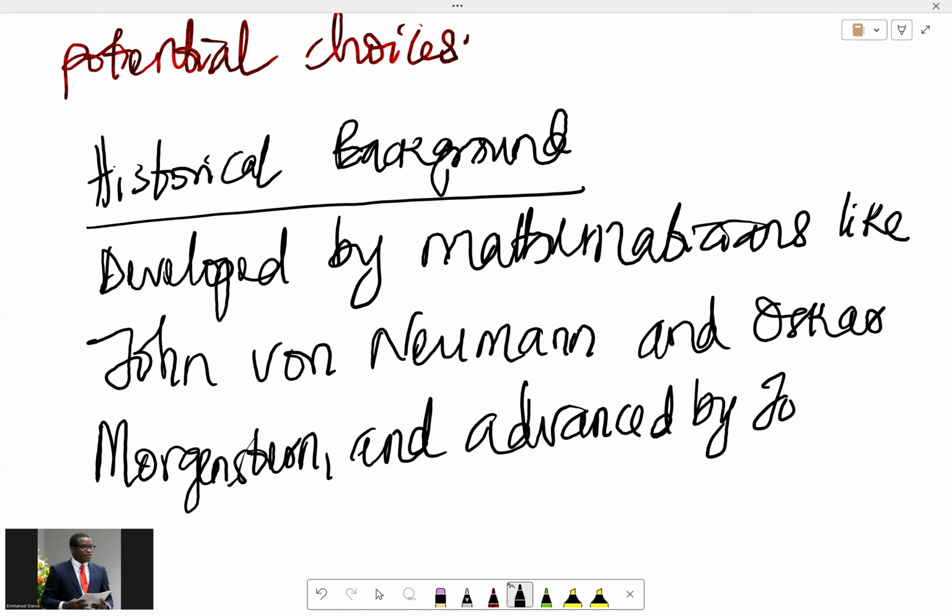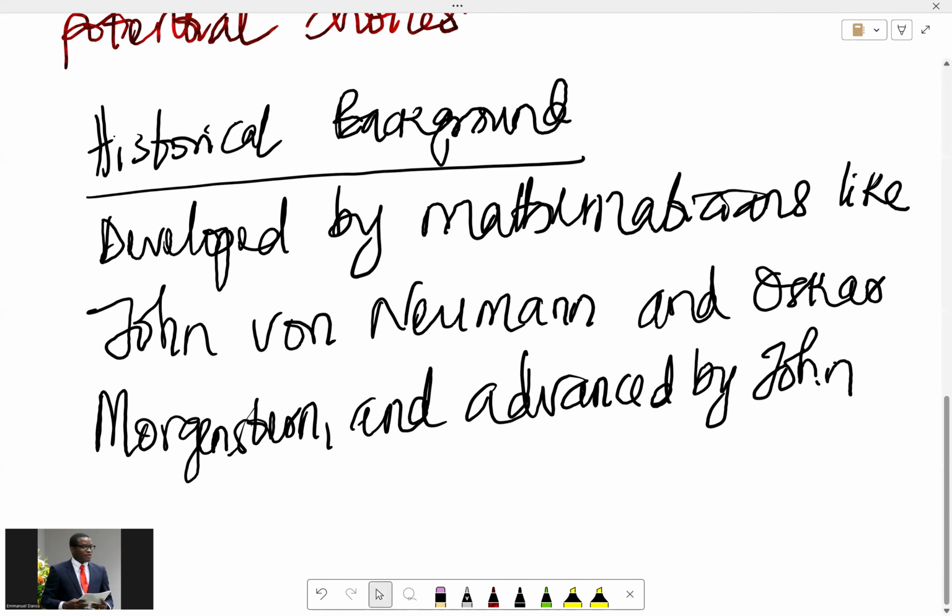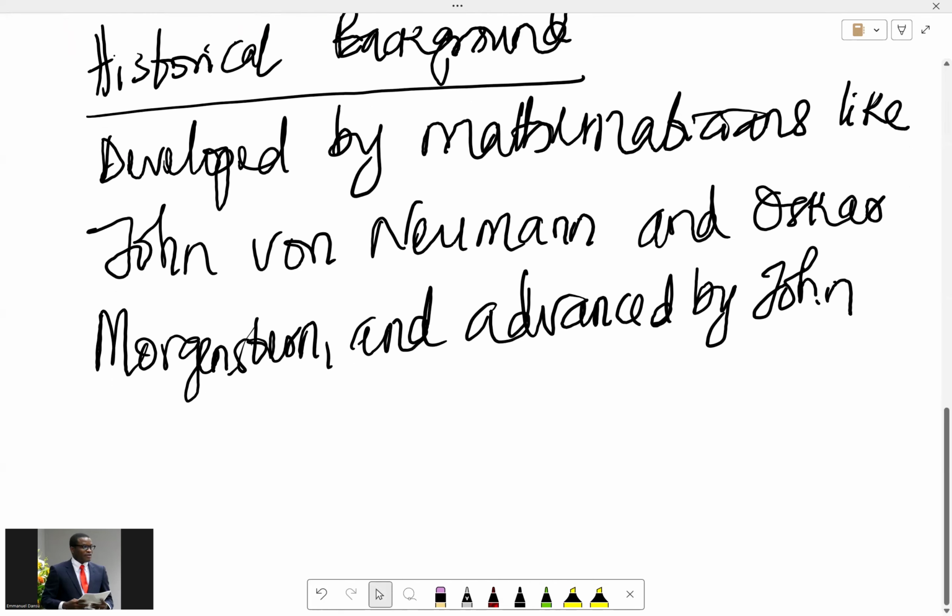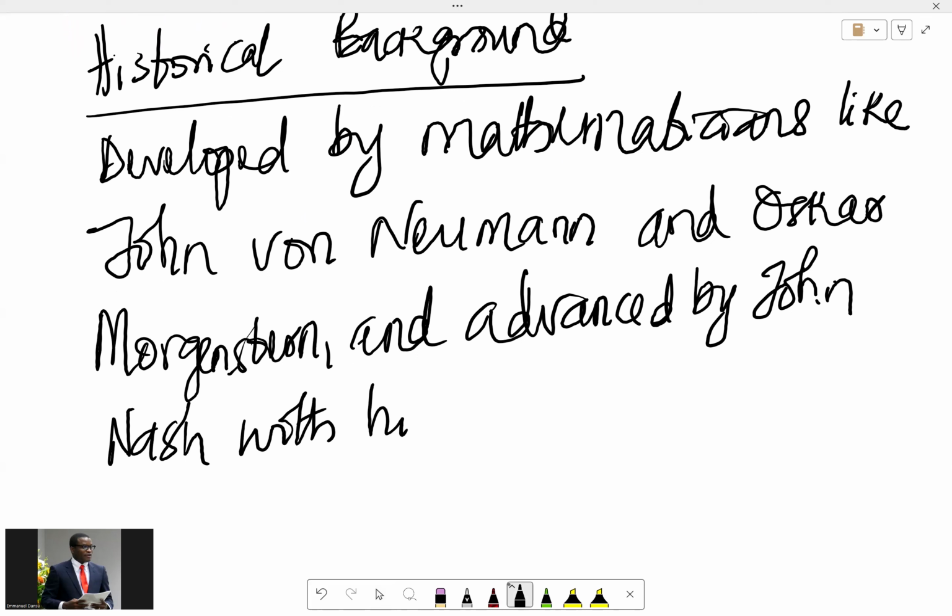John Nash is one of the most popular names associated with game theory. Interestingly, he wasn't the one that really started it, but he was the one who advanced it to the point that we have something called the Nash equilibrium, advanced by John Nash with his equilibrium concept.